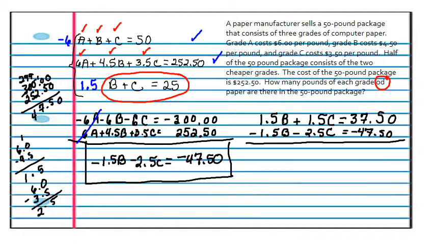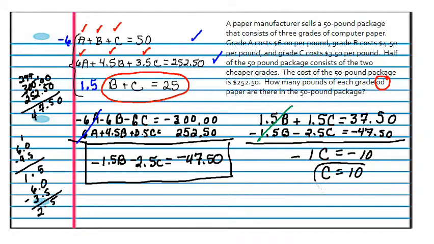The whole thing here is to get rid of the B's, so goodbye. And this is going to give us a negative answer: 2.5 take away 1.5 is going to give us 1, so a negative 1C. And this is going to be a negative, big number carries a sign, going to give us a 10. So C is going to equal 10.